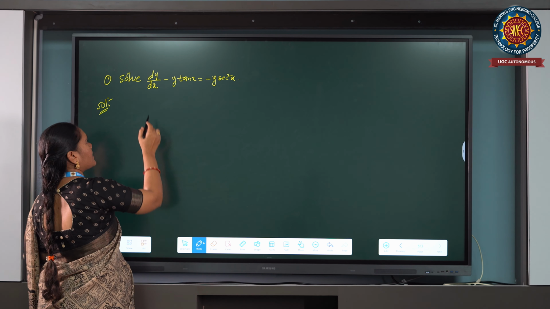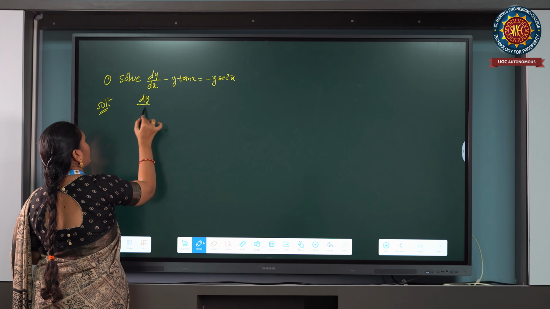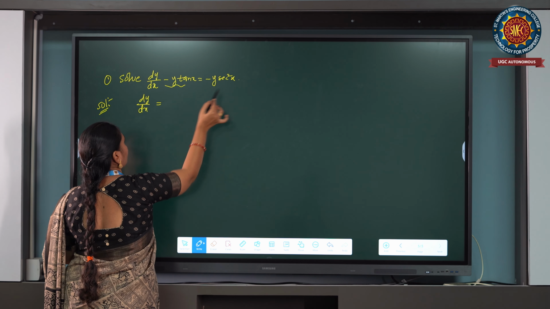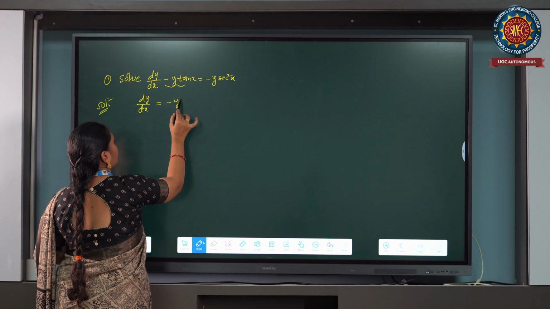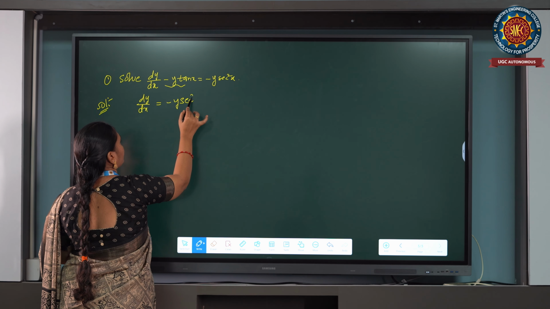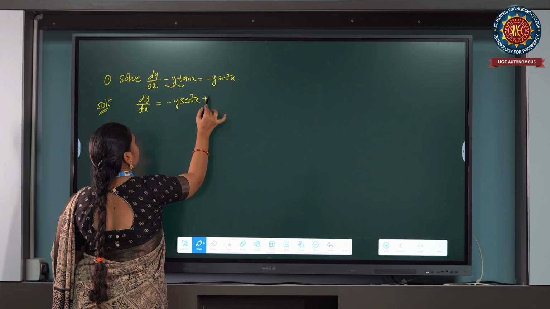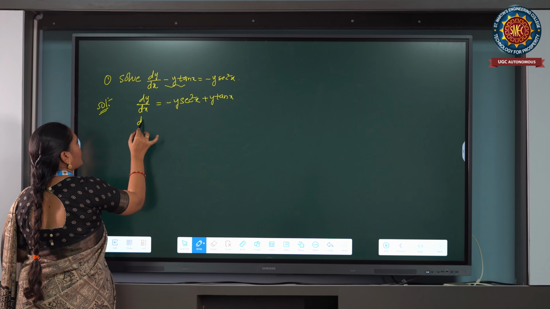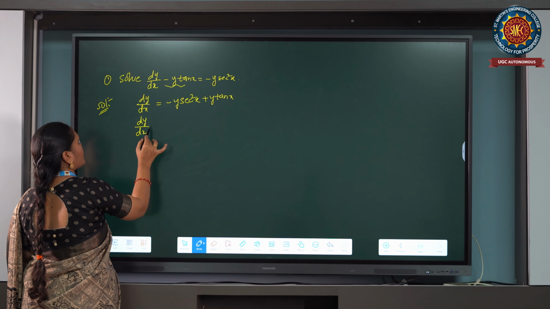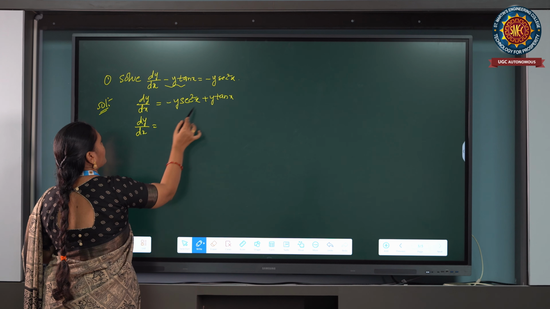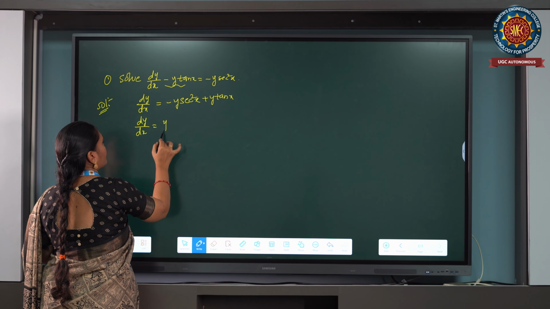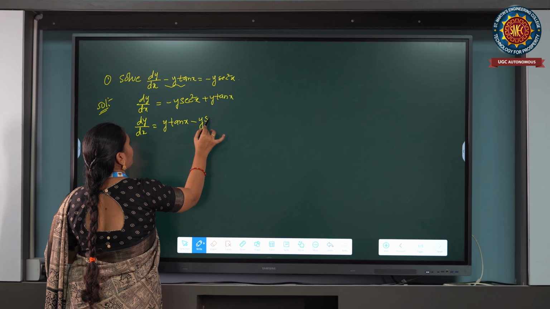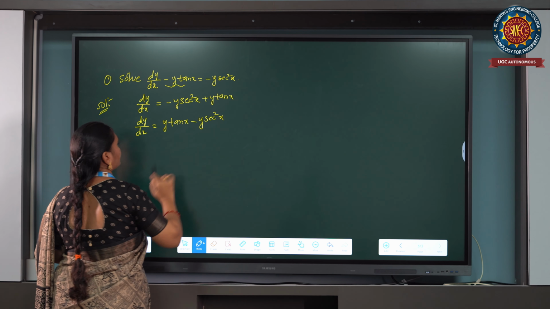Write dy by dx as it is here. This term sent to that side, then it becomes minus y sec square x plus y into tan x. Again dy by dx is equal to y tan x minus y into sec square x.